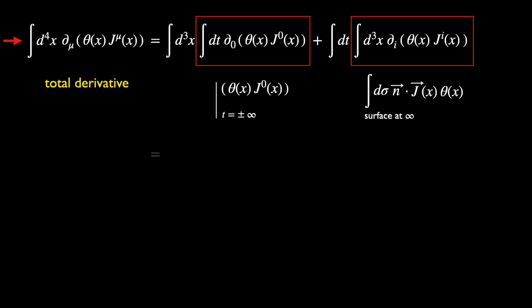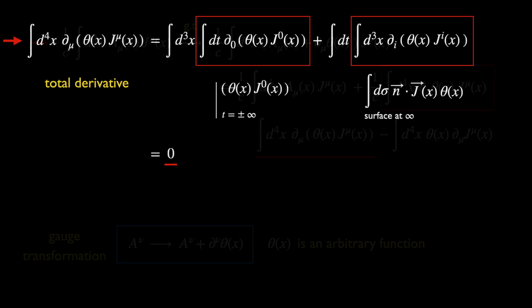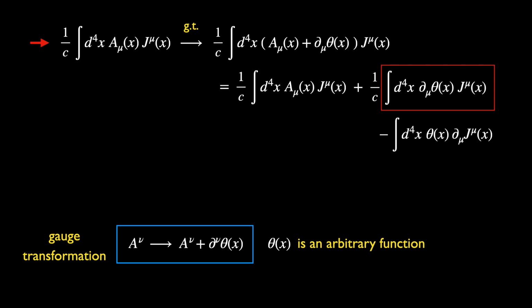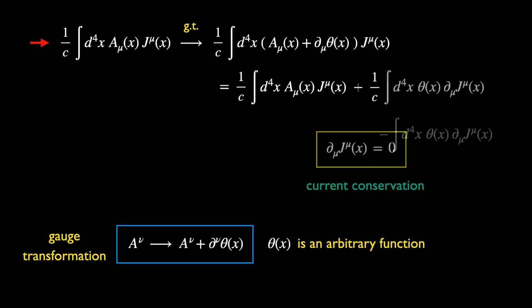We can drop this term if we assume that all fields go to zero at infinity. Thus once again, we can shift the derivative from one term to the other by including a minus sign. And this extra term is zero if the current is conserved. Thus the action describing the coupling of an electromagnetic field to an electric current is gauge symmetric if the current is conserved.